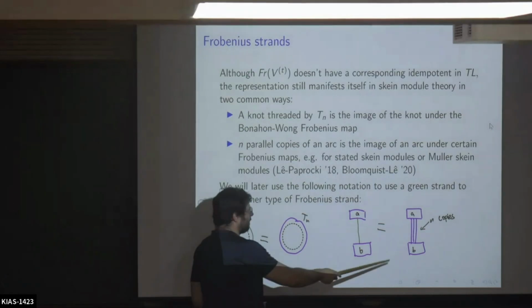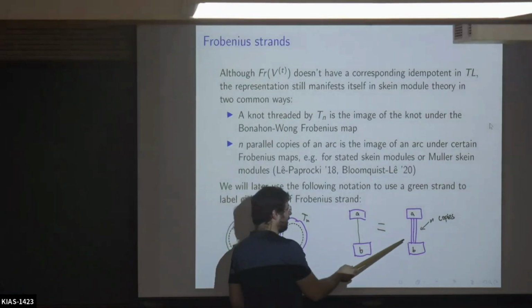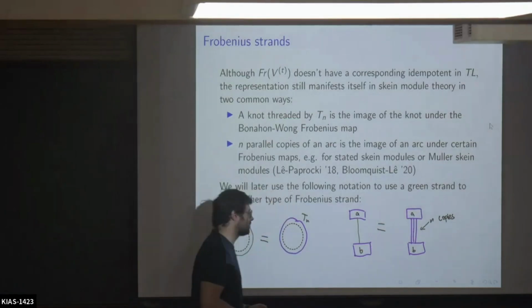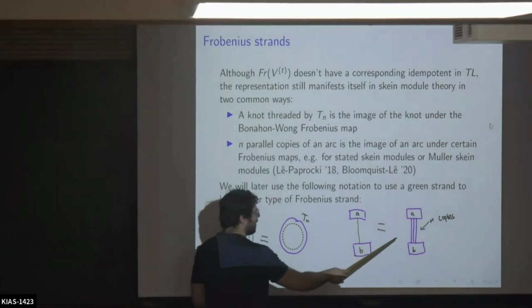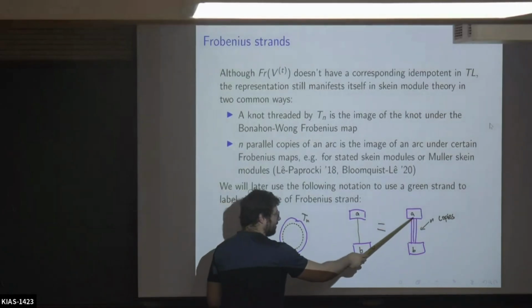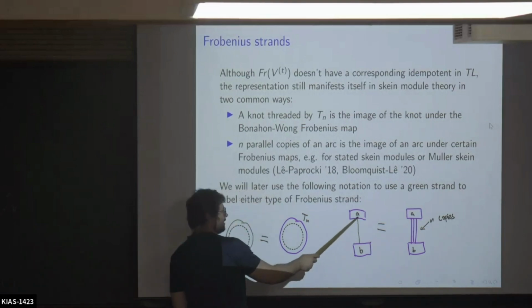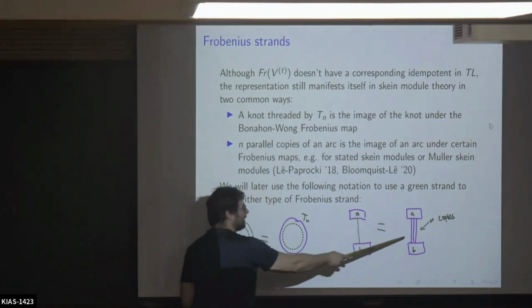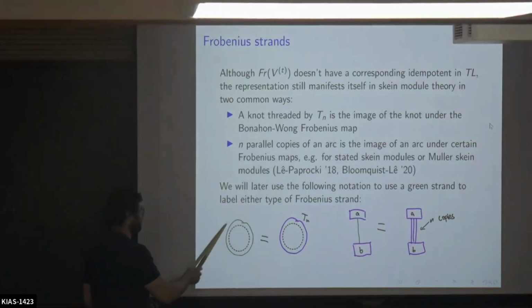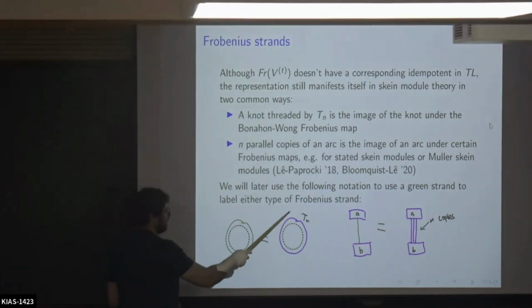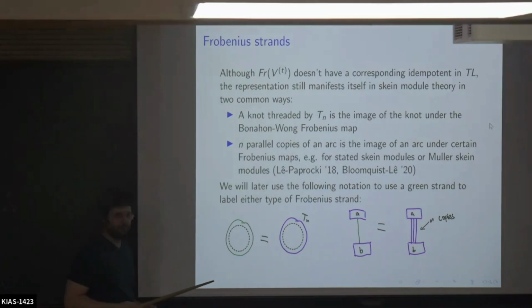And then if I have n parallel copies of an arc that starts and ends at Jones-Wenzl projectors, then I want to consider that as also the image of the Frobenius on just a single strand. So if you have an arc labeled by green, it's n parallel copies of the arc. And if you have a loop labeled by green, it's the nth Chebyshev polynomial threaded along the knot.